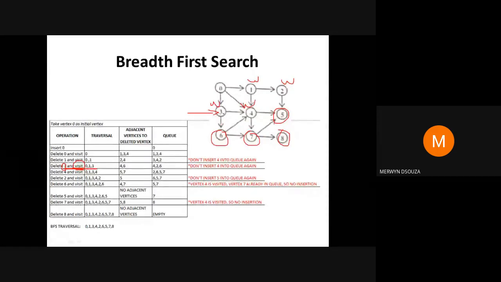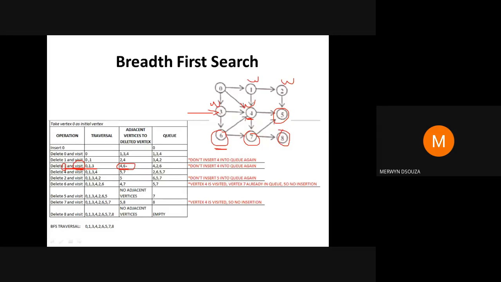Adjacent means which are reachable from it. Where are the arrows from 3 going? They are going to vertex 4 and to vertex 6. We have written here vertex 4 and vertex 6. These are the two vertices which are reachable from 3.